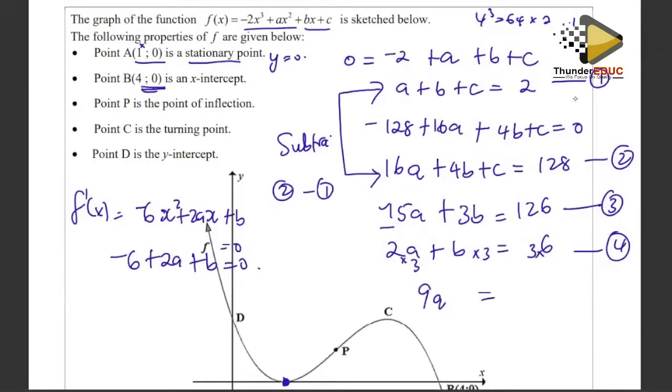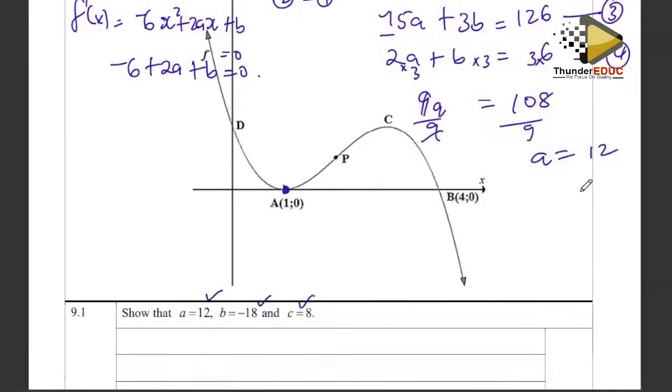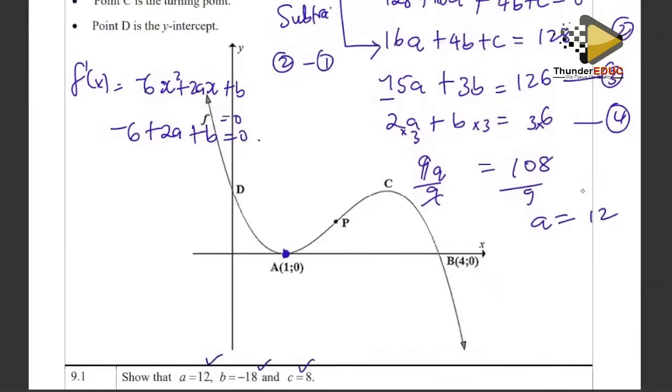I know that 6 times 3 is 18, so 126 minus 18 gives me 108. So over 9 and over 9, and then our a becomes 12. Which is what we have. Then replace a with 12 and let's find b. So 2 times 12 plus b is 6. So b is 6 minus 24, which is negative 18.